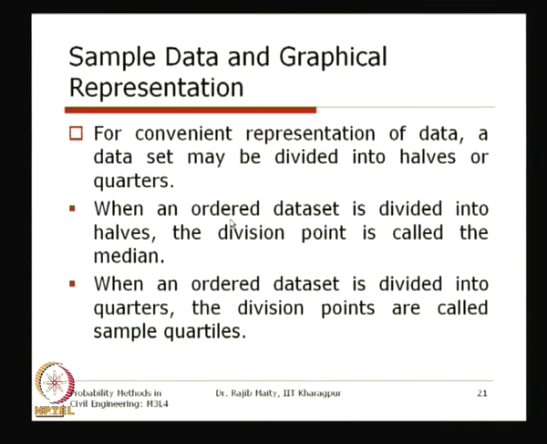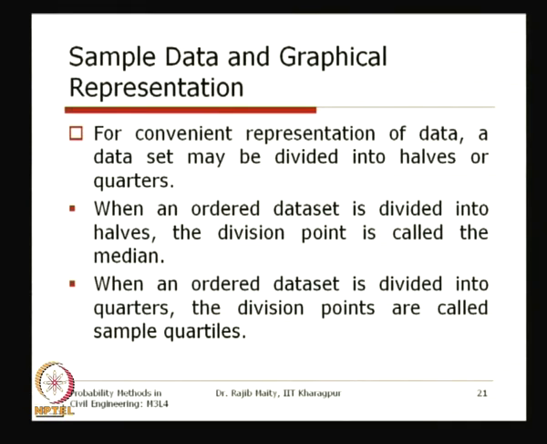When an ordered data set is divided into halves, the division point is called the median. An ordered data set here means that we arrange the data in increasing order and see where it divides exactly into two, and that particular point is known as the median. As we have seen, it is 50%: when 50% probability is covered, we call it the median.